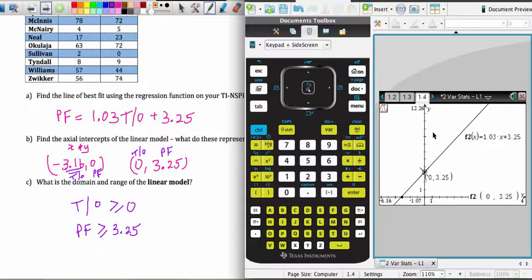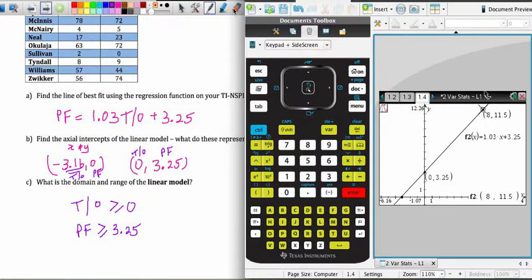And so if I wanted to type in, for instance, how many personal fouls am I expecting a player with 8 turnovers to have, then I just type in 8, hit enter, it works out the value for me, and I'm going to hit enter again. For somebody who has 8 turnovers, we predict that they'll have 11.5 personal fouls.